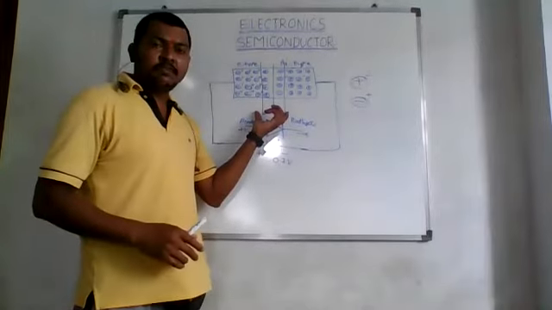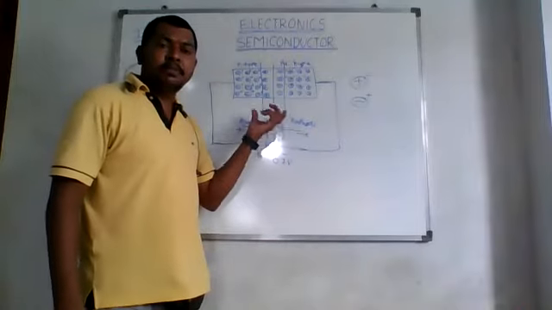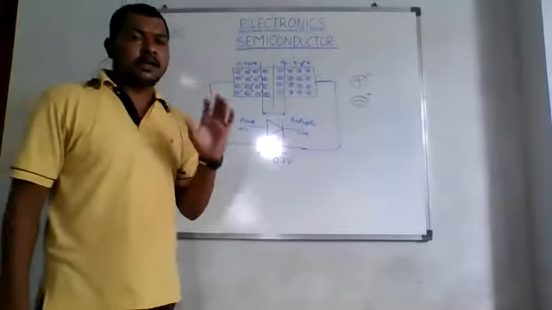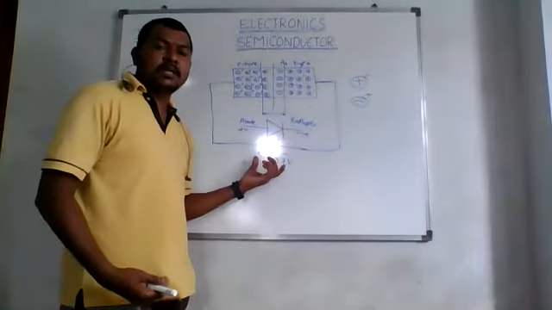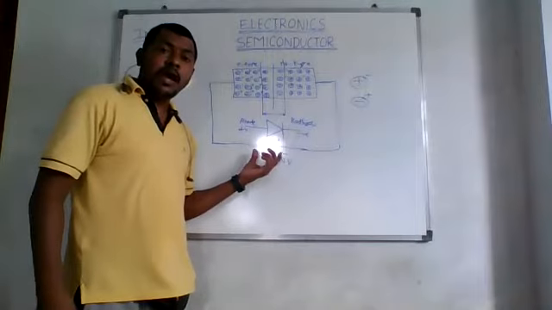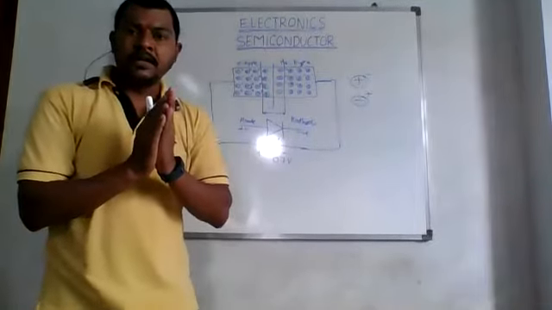So the net potential or the internal potential barrier of this simple PN junction diode is around 0.7 volt for silicon and around 0.3 volt for germanium. So if we call this a silicon PN junction diode, then at 0.7 volt, this depletion layer will be dissolved, right?